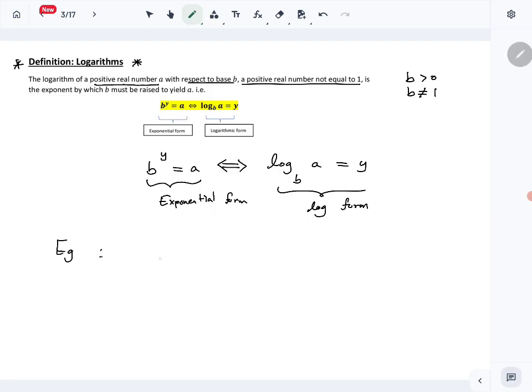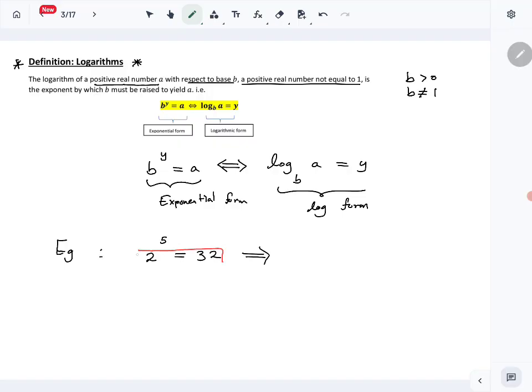So for example, this is the exponential form: 2 to the 5 equals 32. How do we convert that into log form? It's easy to remember if you remember it like this.